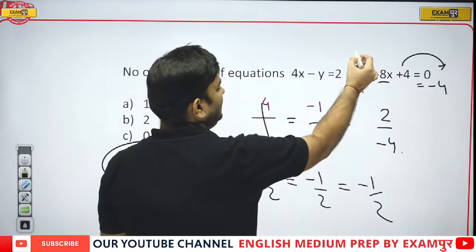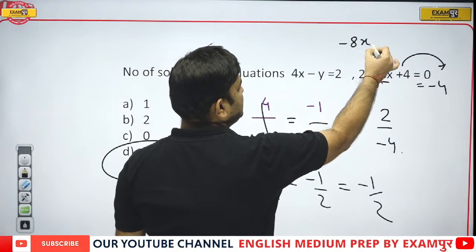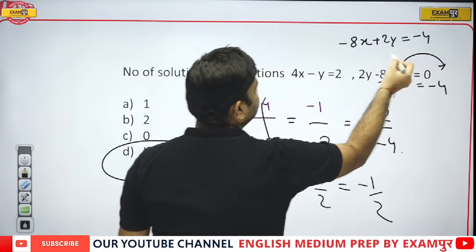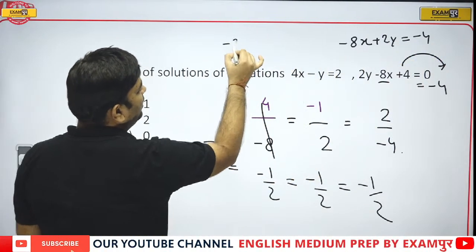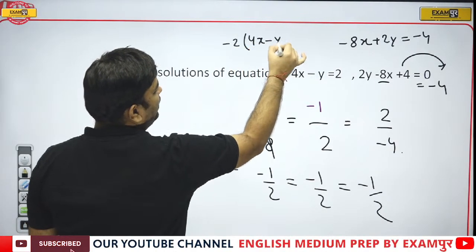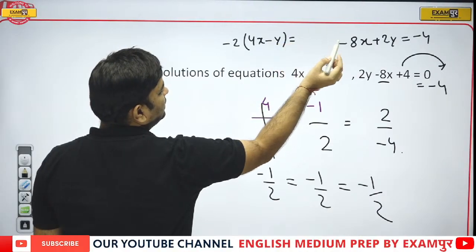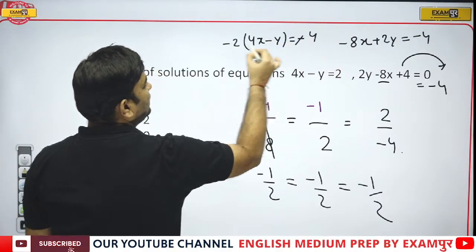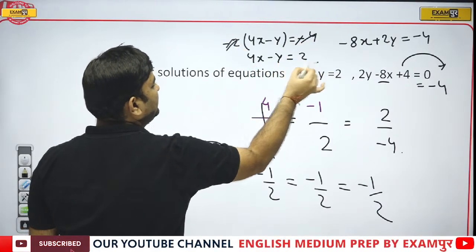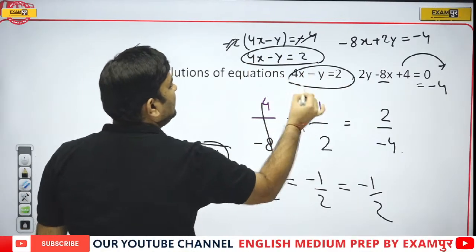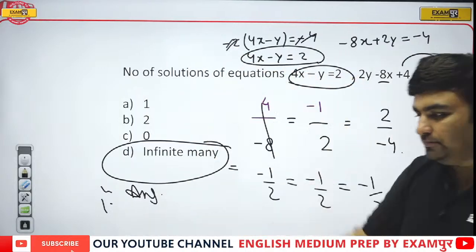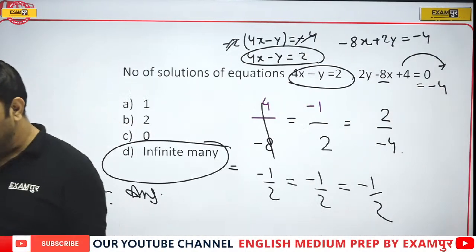Like, if I write minus 8x plus 2y as minus 4 and take minus 2 common, it will become 4x minus y is equal to minus 4, and when I simplify it, it will exactly become the first line. Can you visualize it now?